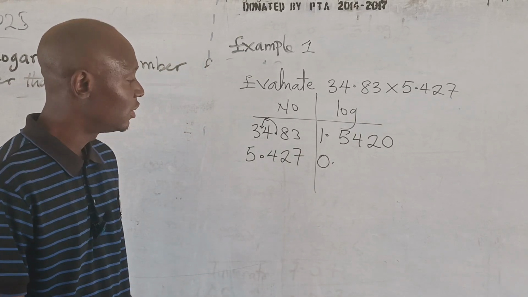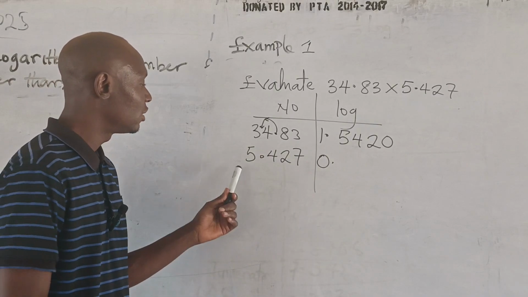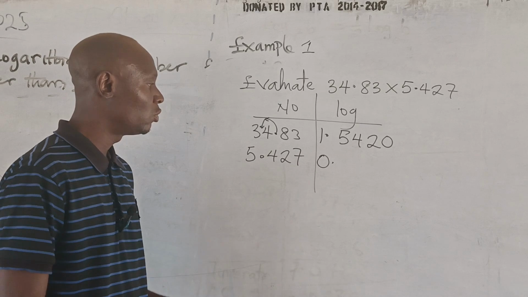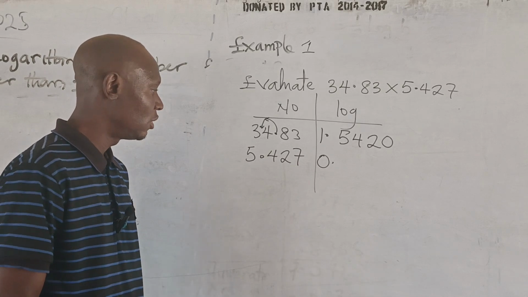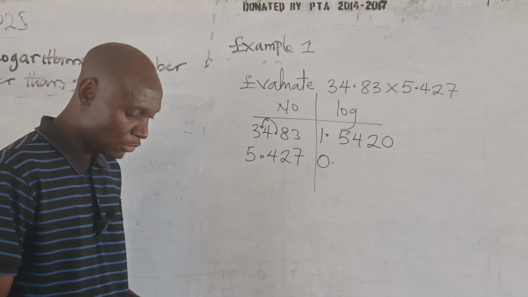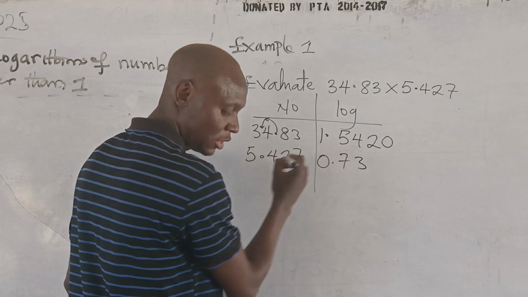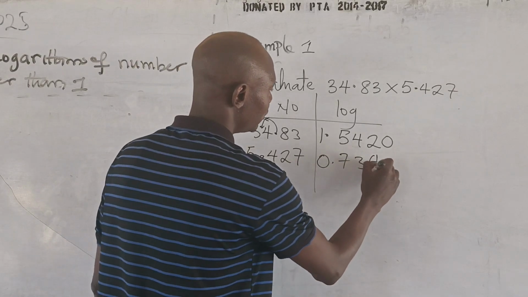From here we are going to go to our 4-figure table and check 54 under 2 difference 7. 54 under 2 difference 7 will give us 7346.